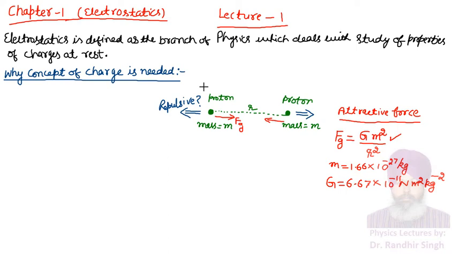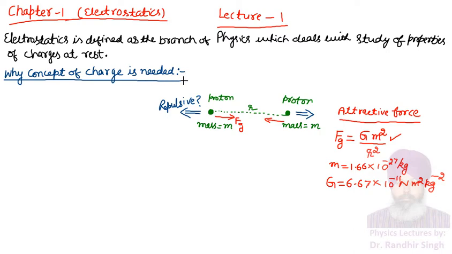So to give the answer to this interaction between two protons and many other interactions which could not be explained with the sole knowledge of gravitational force, we have to introduce the concept of charge in the world of physics. So therefore we now are capable of understanding that there is a need of defining another property of the matter.